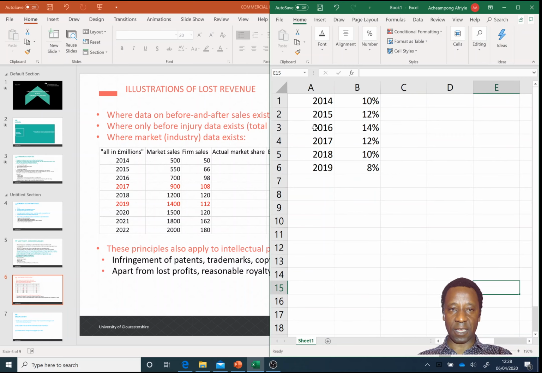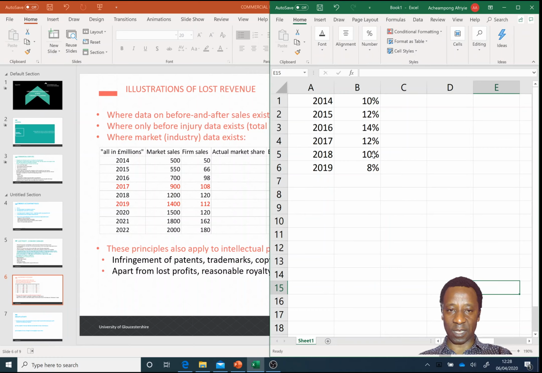Right, so we can see that over the years, the company's market share was 10%, went up to 12, 14, and then it went down to 12 in 2017 when the alleged breach occurred. And then it started falling further in 2018.